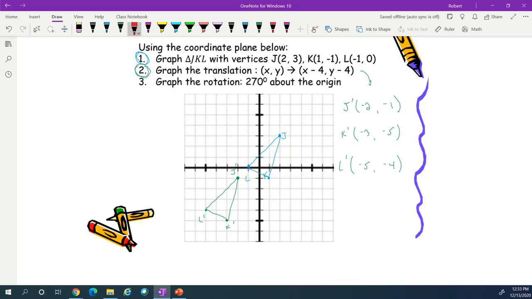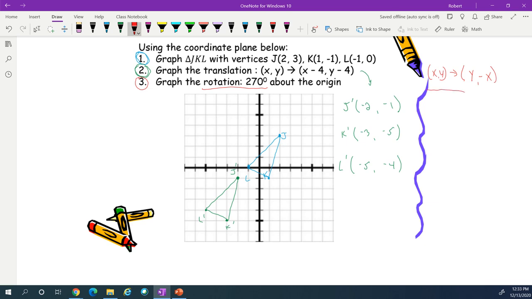Well, now we have to do our final step of the composition, which says a rotation of positive 270. So I'm just going to go to my notes, and I'm going to get the rule. For a positive 270, it says bring the y value up front, push the x to the back, but change its sign.